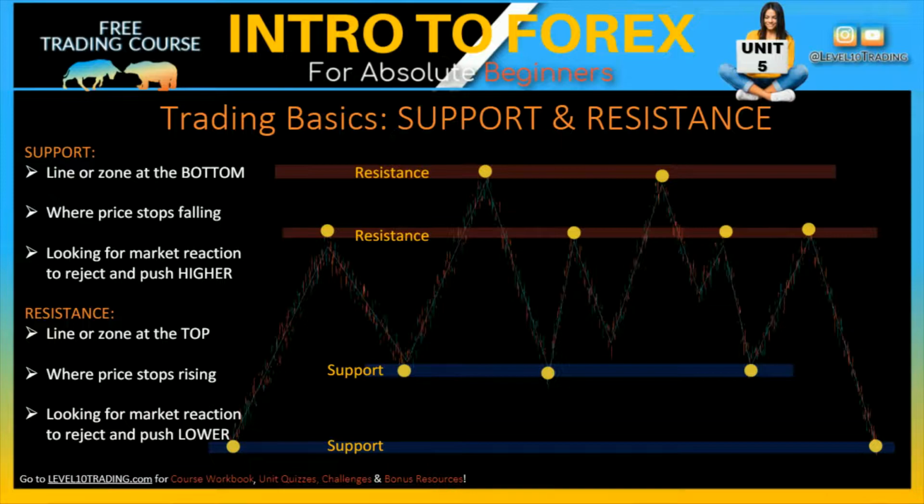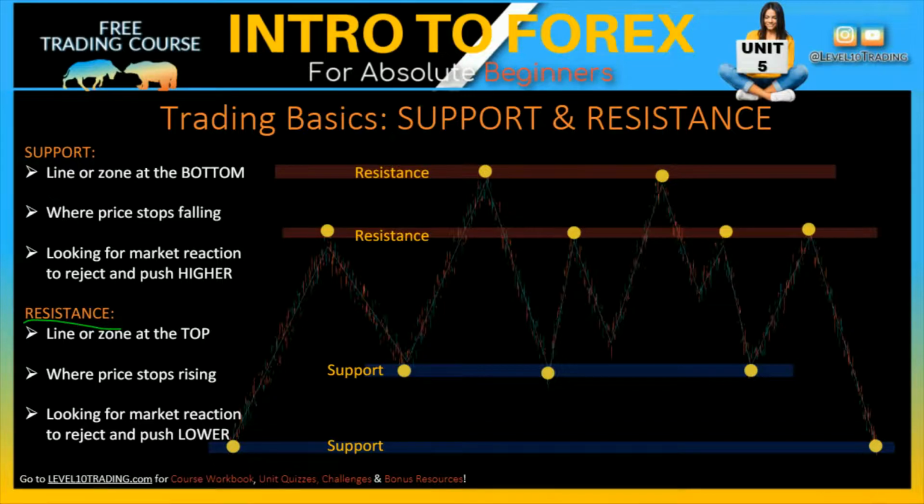So how do you know which line is support and which line is resistance? Your support line is always going to be the line at the bottom. It is a price where the current trading price of a pair basically stops falling. When the price reaches a support zone, you're usually looking for the market reaction to be to reject at that zone and then push higher.